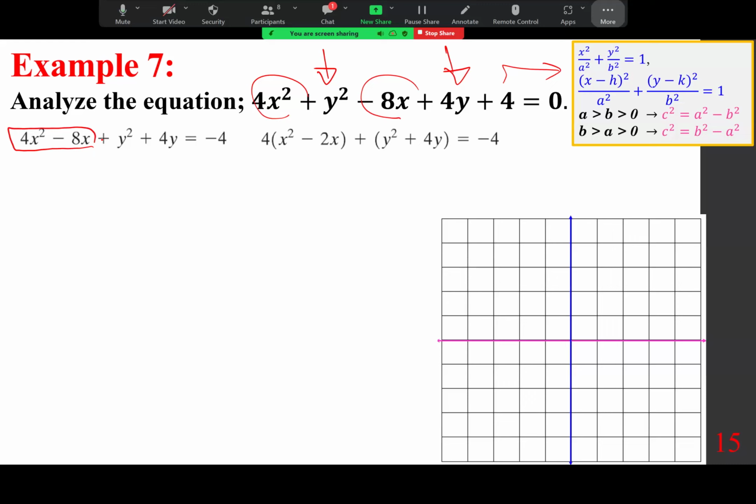Now, we need to add something. Let me show you for this one. B is -2, divided by 2 is -1, squared is +1.